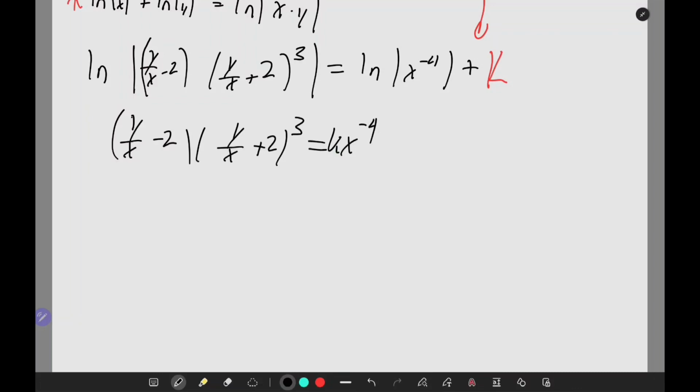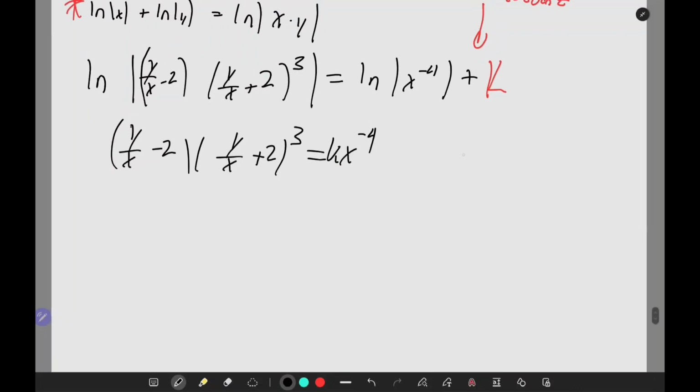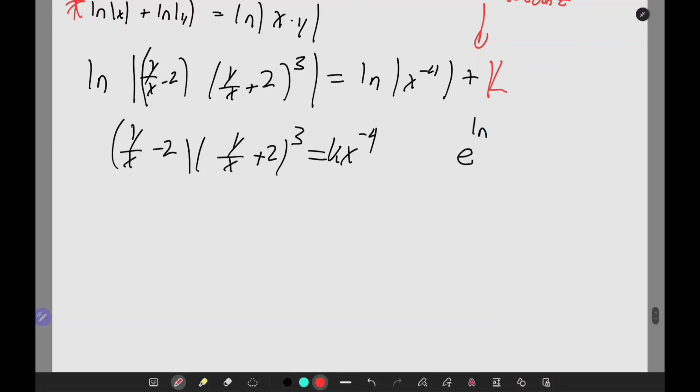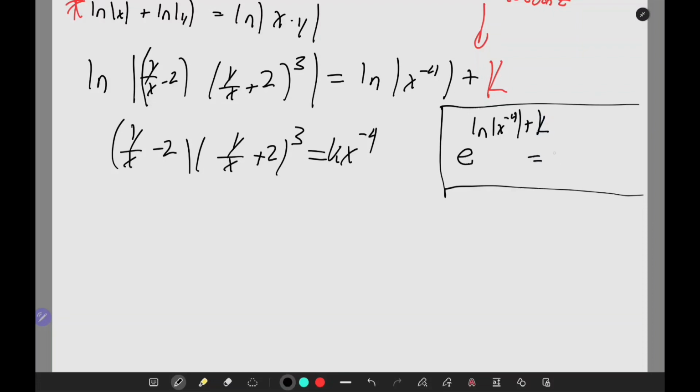Just like in our integrating factors video, a little side note: e to the ln of x to the negative 4th plus k, you can rewrite it as e to the ln x to the minus 4th times e to the k.